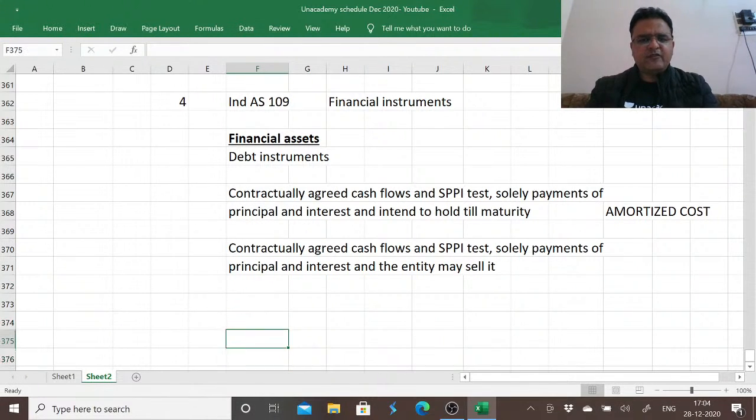The third category is they are held for trading. Now if they are held for trading, they should be measured at fair value through P&L.